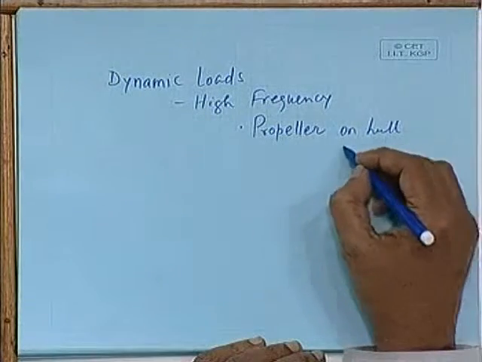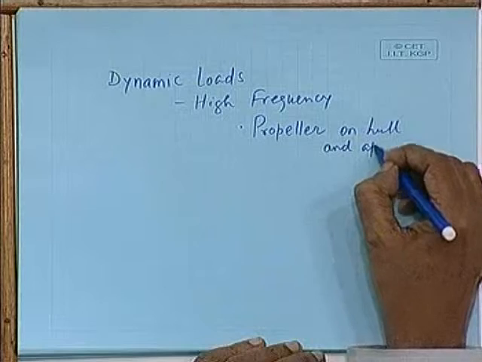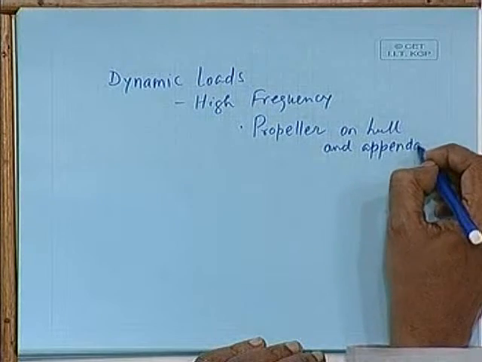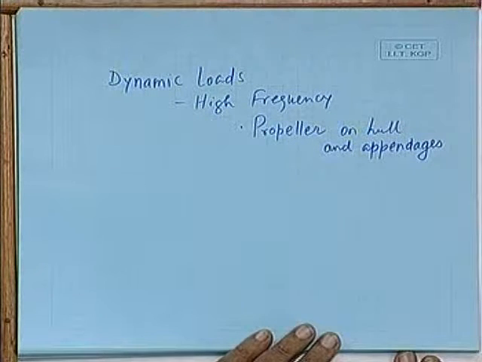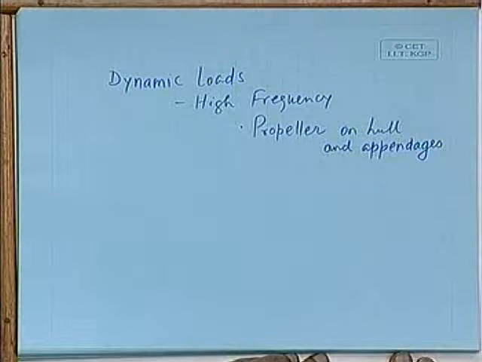So, the ship is being forced by this force due to the propeller on the hull, which we have seen, and you can understand the same will happen on appendages. A badly designed skeg, propeller and rudder combination in a small vessel can create a large load on the aft body of the vessel, causing vibration which may be intolerable.